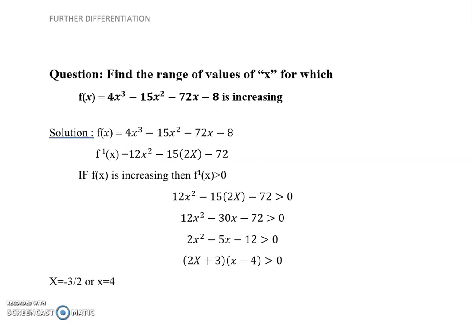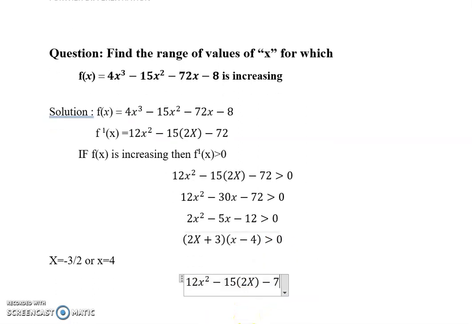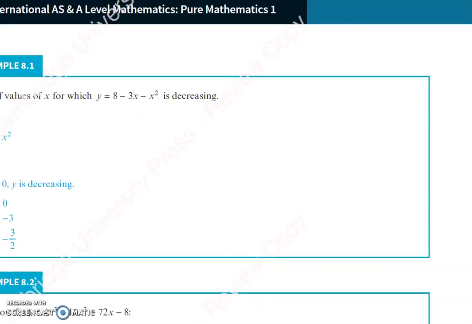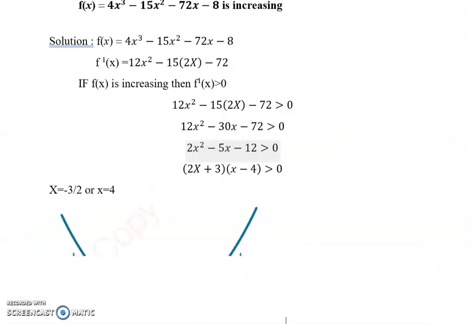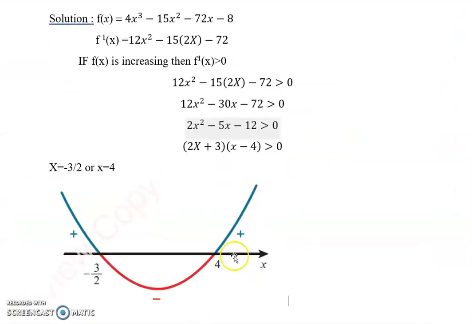But now to check with the inequality, which says greater than 0, we should draw a graph for this. So that looks something like this, and we have to decide for what values this inequality holds.